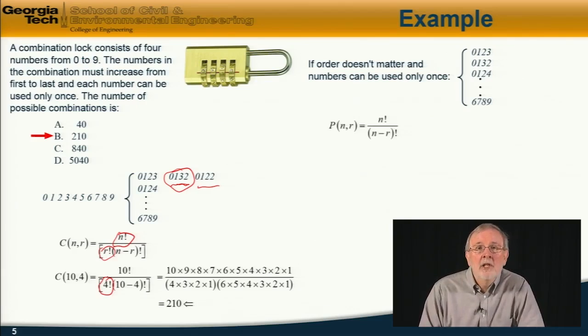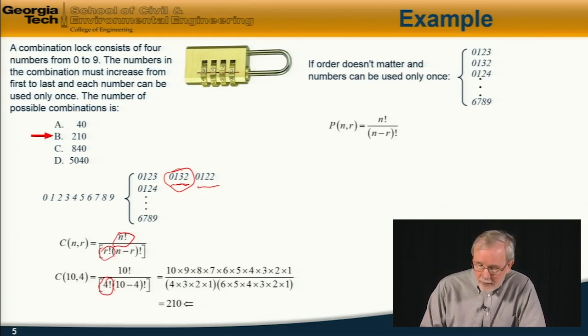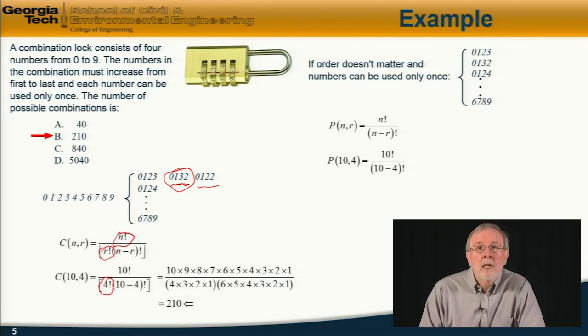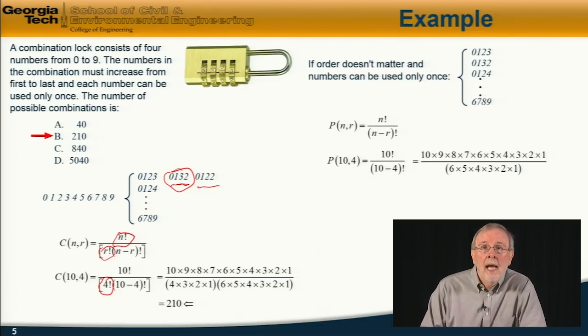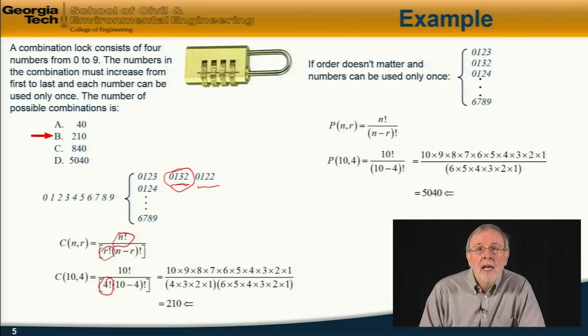So in this case, this is given by our permutation equation. P(n,r) is n factorial over (n minus r) factorial. Substituting in the numbers, that's equal to 10 factorial divided by (10 minus 4) factorial, or 6 factorial, which is equal to this. And computing out the number, the answer is that there are 5,040 possible combinations according to those rules.